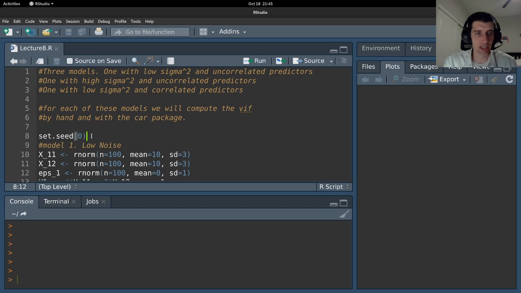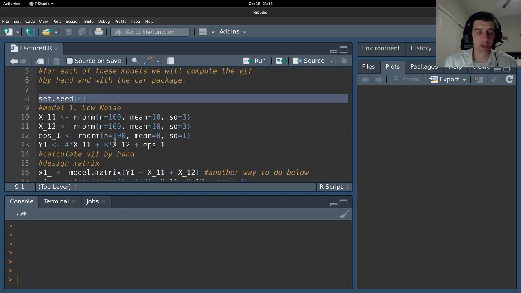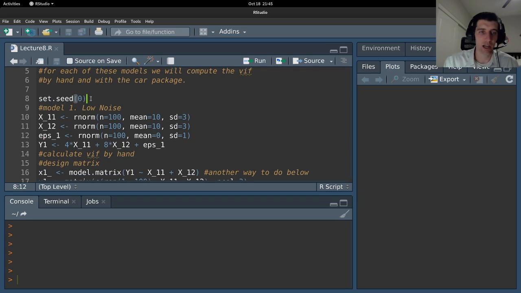When I set my seed here, I believe I mentioned this before, what this does is that when I run this example again, I'll get the same randomness generated. So this is reproducible randomness, in the sense that the random numbers that are generated will be the same if I set the seed.